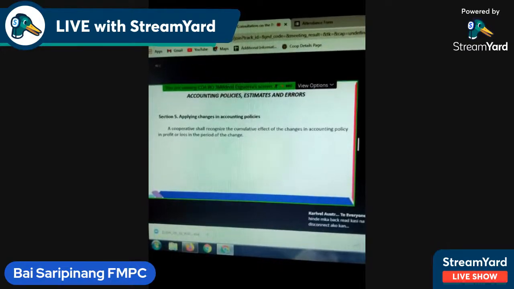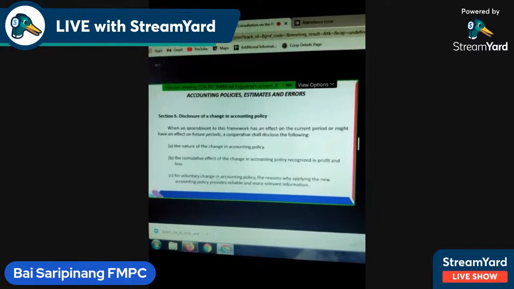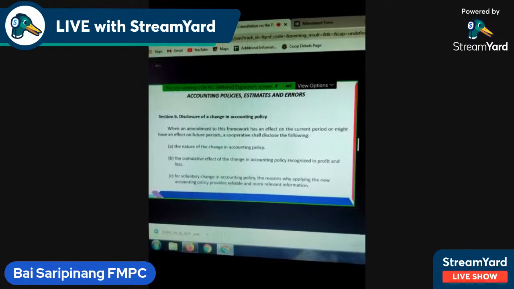Now, in applying changes in accounting policy, a co-op shall recognize the cumulative effect of the changes in accounting policy in profit or loss in the period of the change. So, consistent po siya dun sa concept and principle ng ESCA natin. Now, in the disclosure of a change in accounting policy, pagka meron po talaga kayong change in accounting policy, you have to disclose this one.